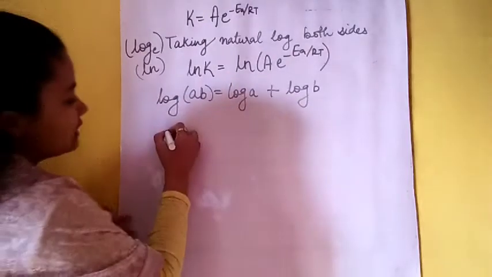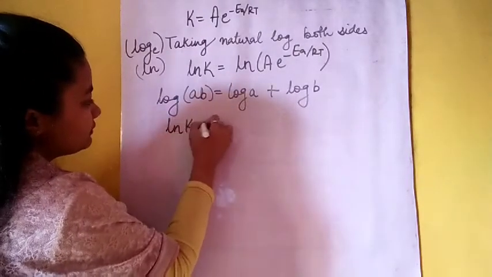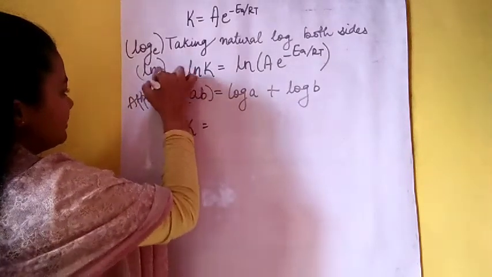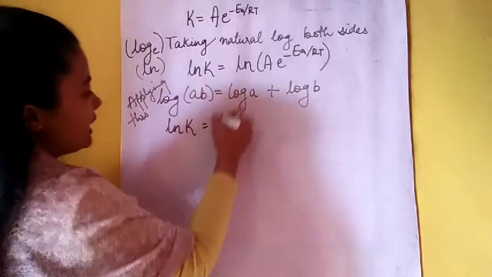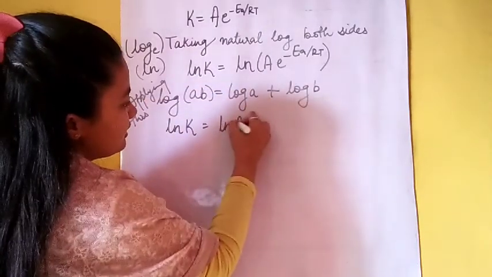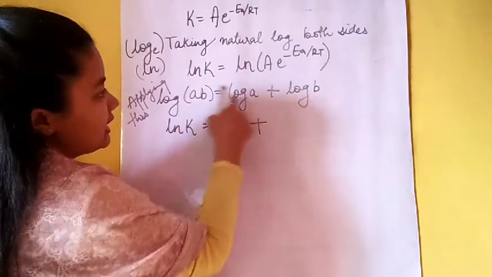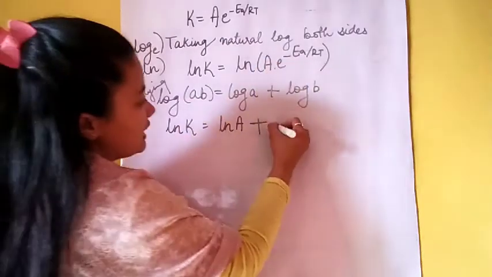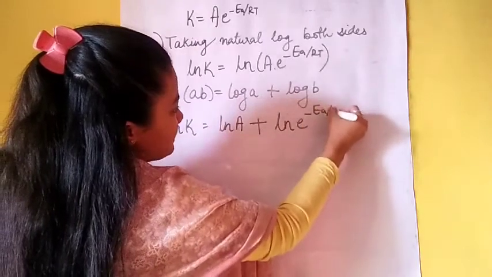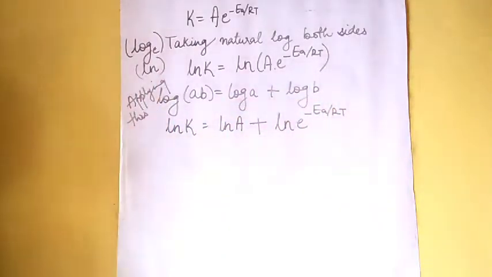So now apply the formula. So ln K is equal to ln A plus ln of e to the power minus Ea by RT, right?